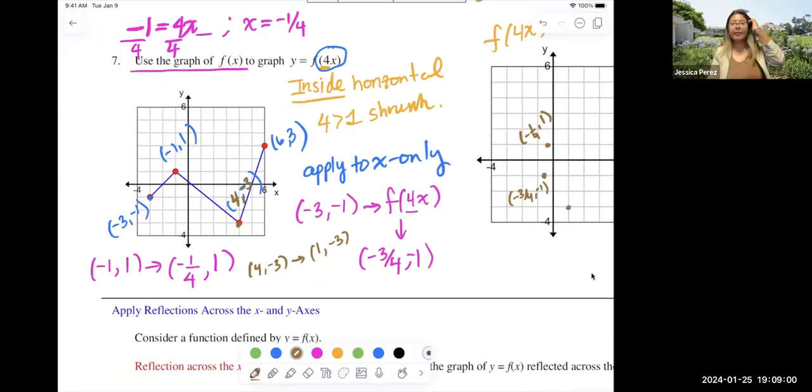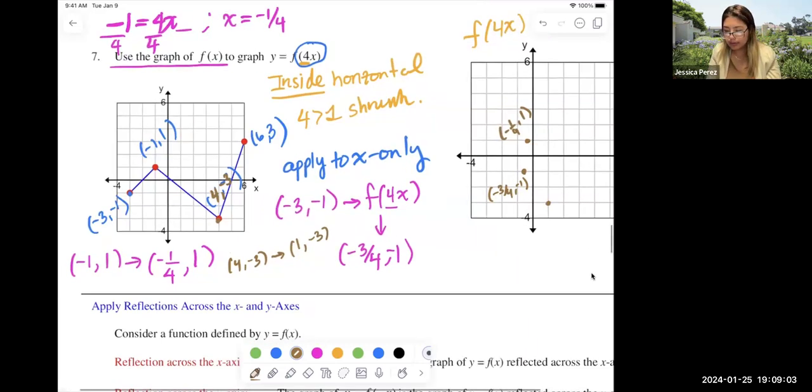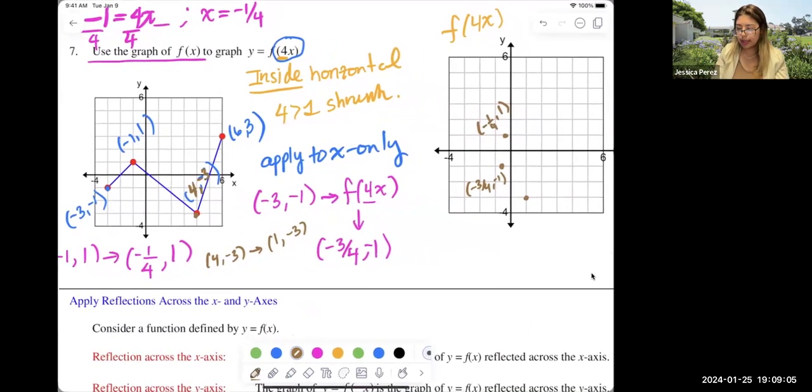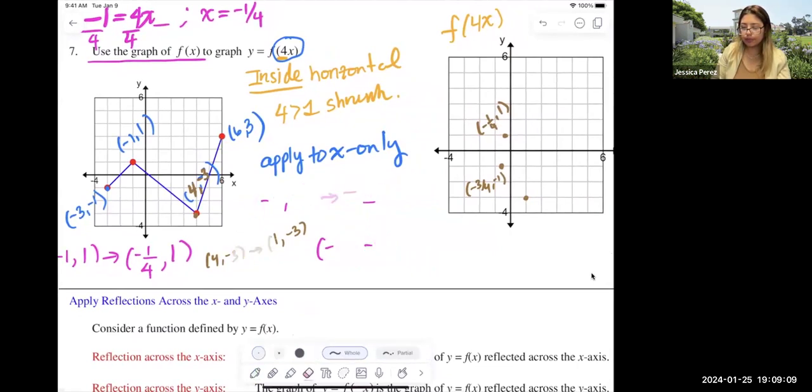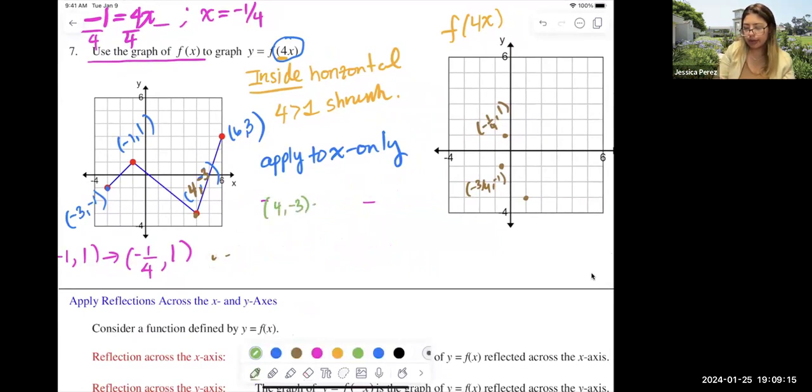So at the end, we are going to be graphing the points. And here, organization, of course. We had 4, negative 3 that converted to 1, negative 3. And the last one is 6 and 3, but it's now going to be 6 over 4 and 3. Again, 6 is equal to 4x, divide both sides by 4.